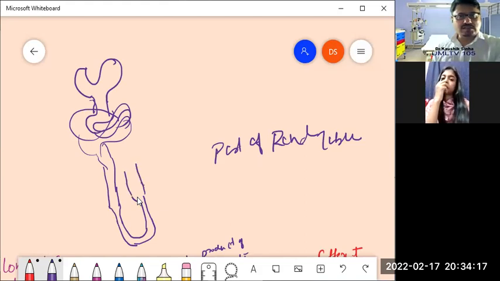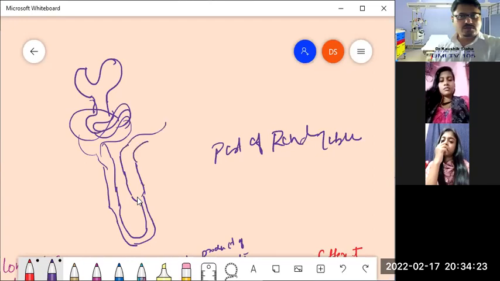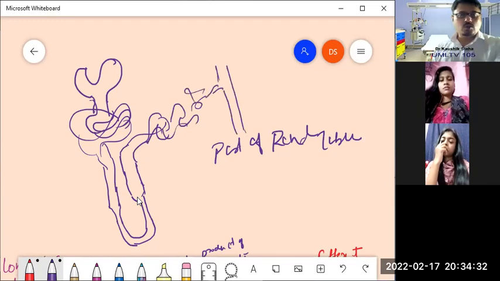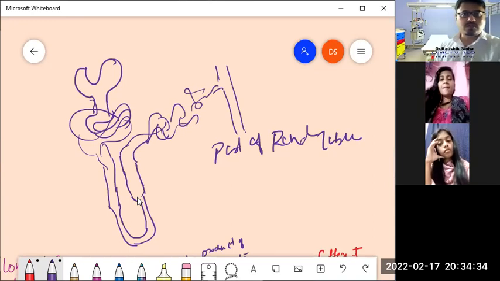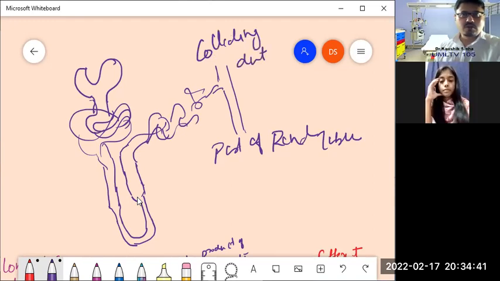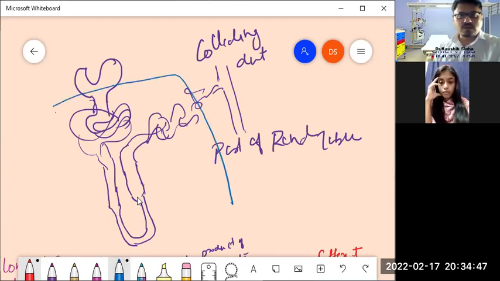It continues as a straight broad part, which now becomes twisted and turned again, finally to unite with this straight tube. This is known as the collecting duct. And this entire thing below the Bowman space is known as the renal tubule.